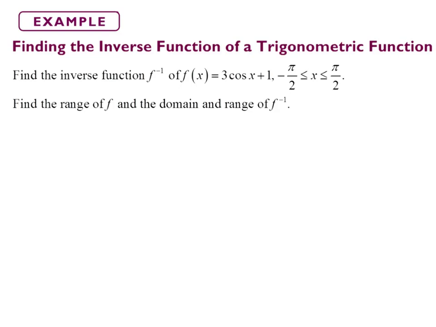And we're just going to do like we did when we found inverses of regular functions. So I start with f of x is equal to 3 cosine x. By the way, is there anything wrong about this? Does anybody recognize anything in this slide? Yes, thanks, Anka. What should it be?